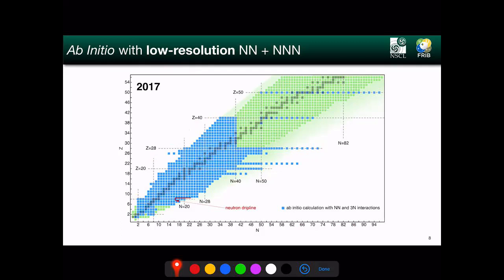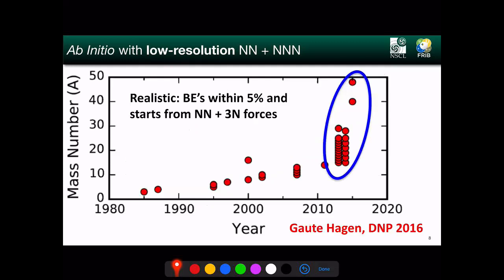And another plot which shows this, again, from Gautahagen's APS talk, showing the year-by-year progress. And you see that, roughly around 2010 is precisely when these soft, low-resolution interactions really started to be used in a widespread manner.